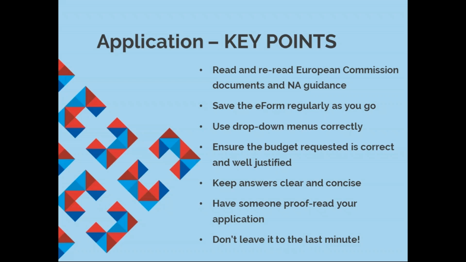If you have applied before, don't forget to review the feedback you have received from us, as this will include key areas of improvement which will enhance your chances of submitting a good quality application. Remember that the Key Action 1 Adult Education funding is a competitive process and you should therefore look to improve your application on an annual basis.